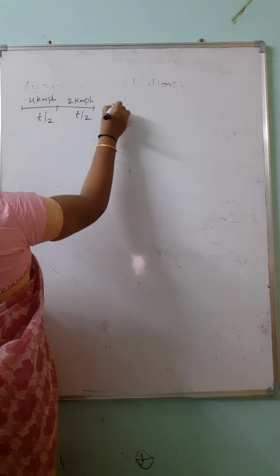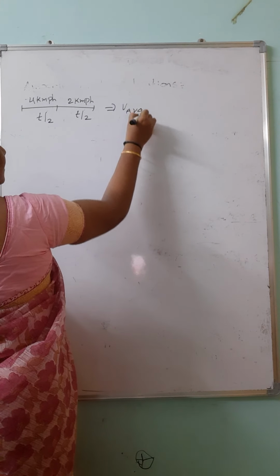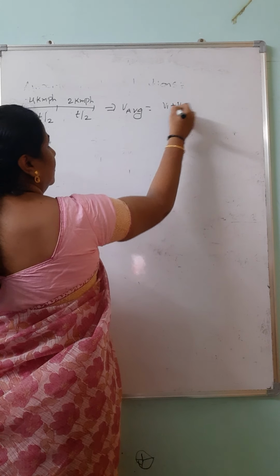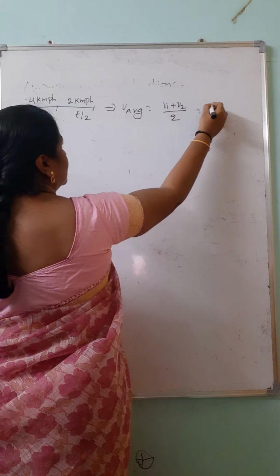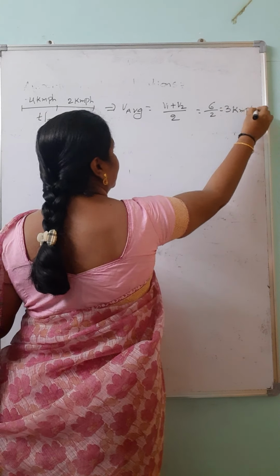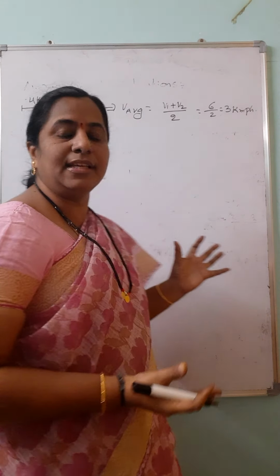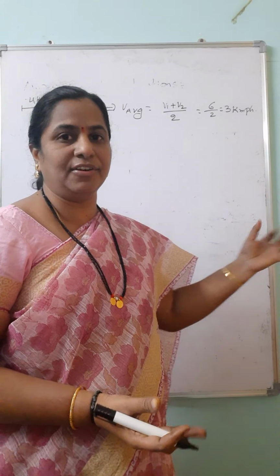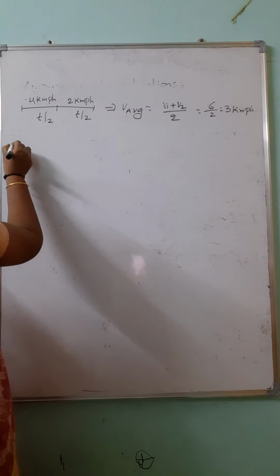In this case, how do we find the average speed? V average equals (V1 plus V2) by 2, so 6 by 2, which is 3 kmph. I think you got the difference in the average speed formula when the body covers half of the distance and half of the time. One more application we are going to discuss.